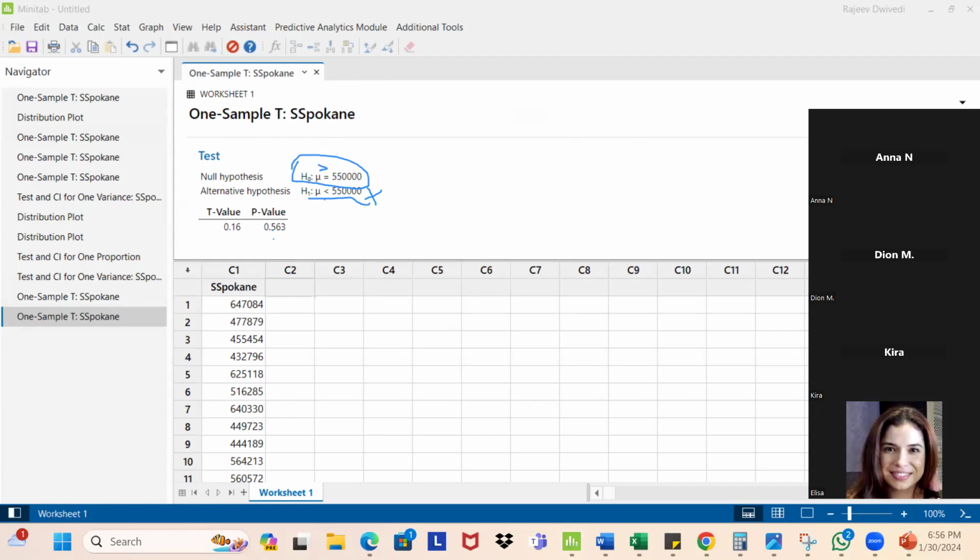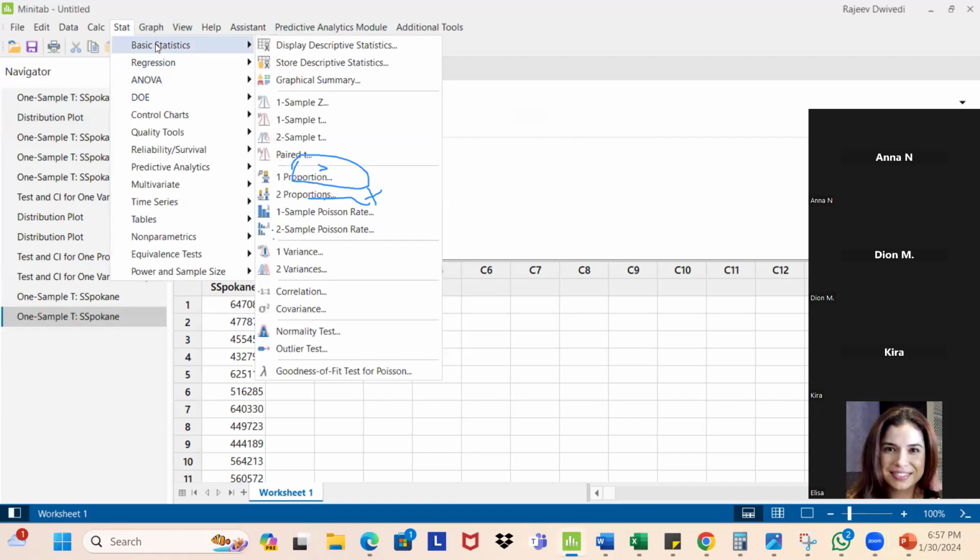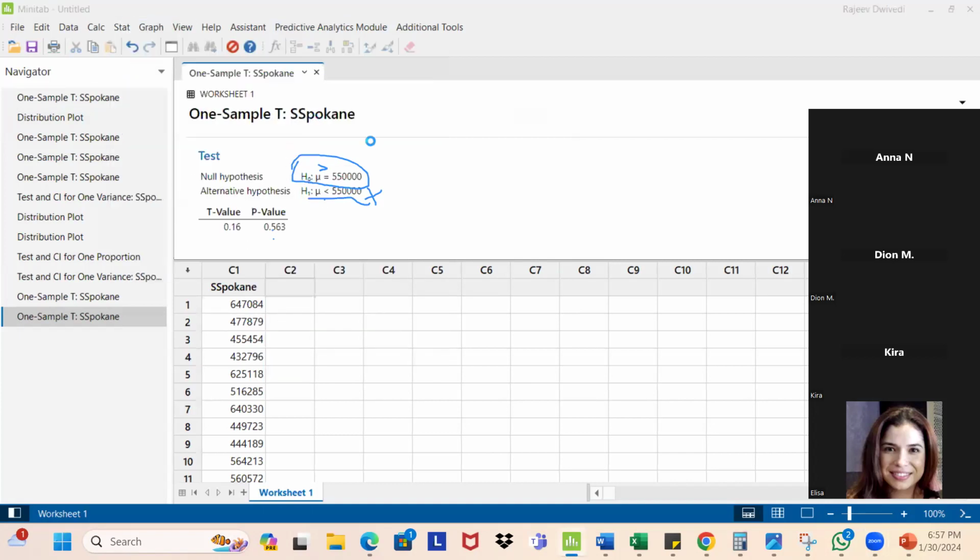When you look into the slides, there are two options: greater than or equal to, or less than; less than or equal to, and greater than. So you need to select the correct option depending on which hypothesis you are testing.